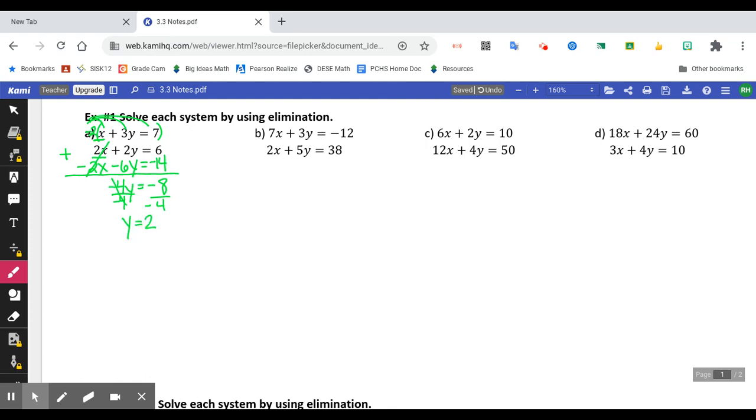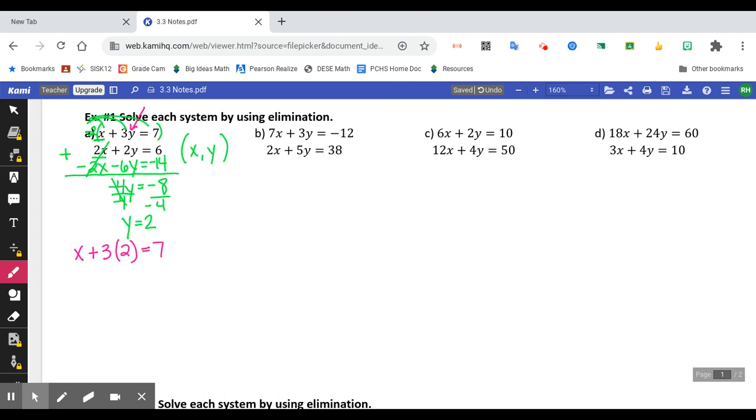There's the first part of our ordered pair answer that we're looking for. Remember, it's always going to be that ordered pair, x, y, because we're thinking about if we were graphing these on a graph, where would they intersect? Okay, so there's y. Now I'm going to take that y value and plug it in to either equation. It doesn't matter. I'm just usually always going to pick the top one, and everything else stays the same. So x plus 3y, y comes out, 2 goes in its spot, equals 7.